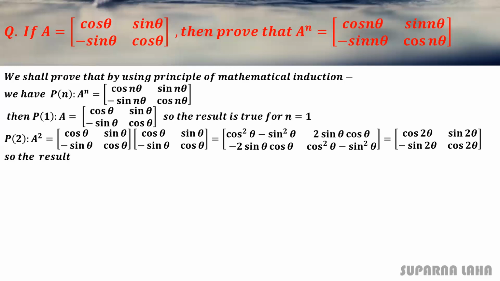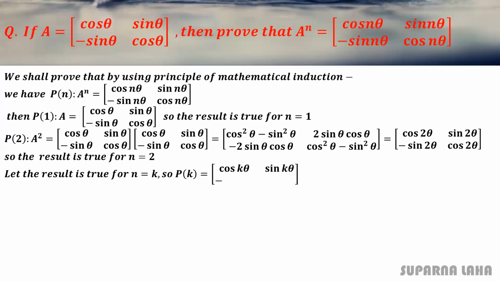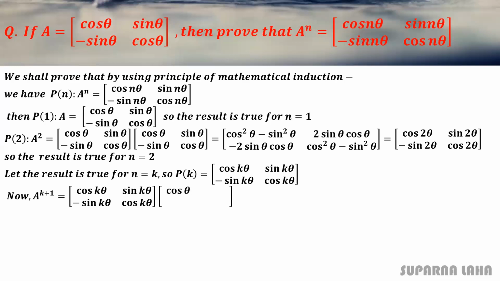Okay, now let this result be true for n is equal to k. So what is P(k)? P(k) is given by cos k theta, sin k theta, minus sin k theta, cos k theta. Now what is A to the power k plus 1? A to the power k into A. That means the matrix A to the power k into the matrix A. Just multiply the row with column and simplify it.